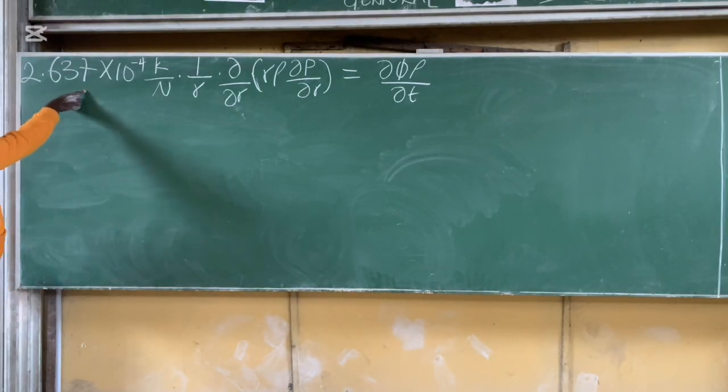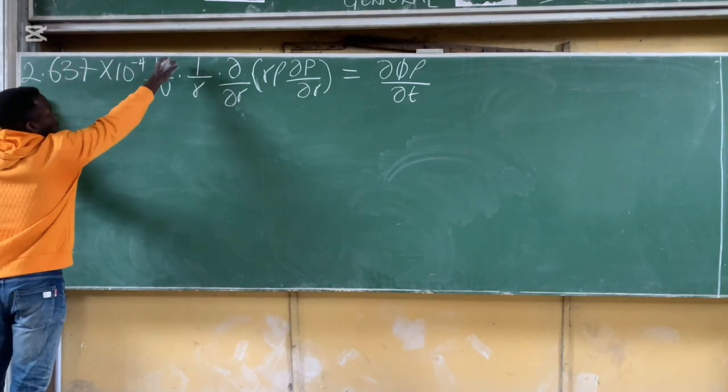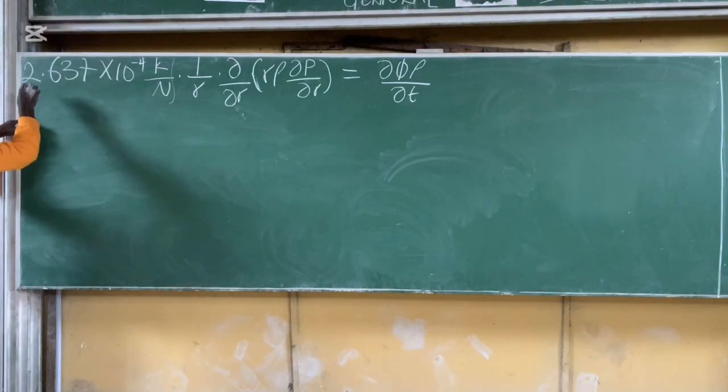Let's solve. Let's divide through by this constant.